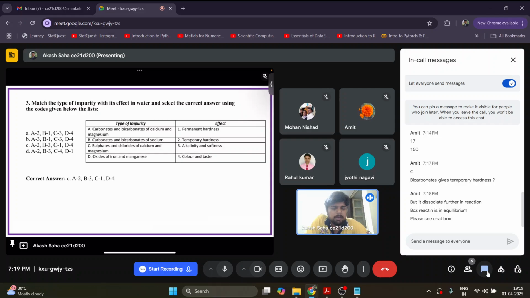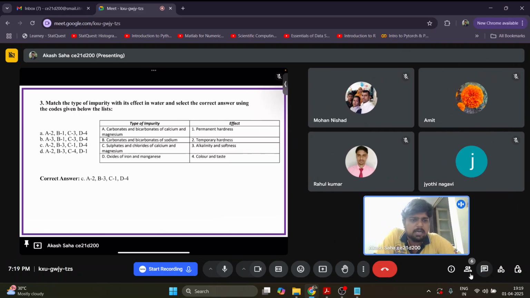Bicarbonates will give us temporary hardness, whereas chlorides and others will form a stronger bond. So it will not dissociate very easily just by boiling. That's why they give us permanent hardness. So temporary means easily dissociable. On that aspect only we can define.